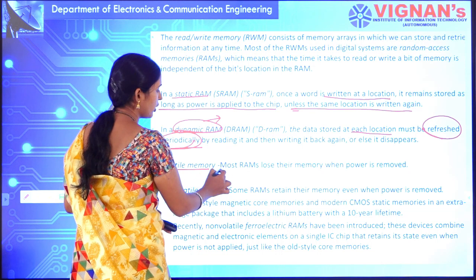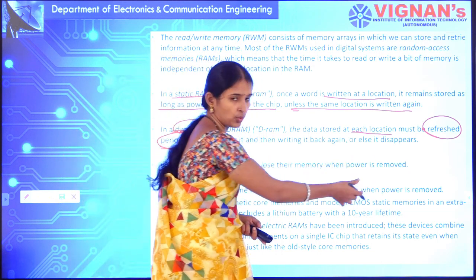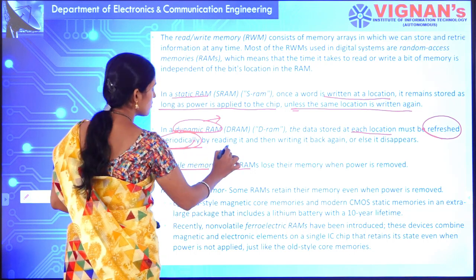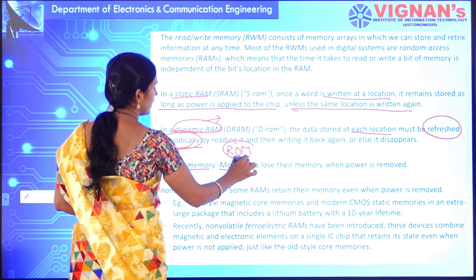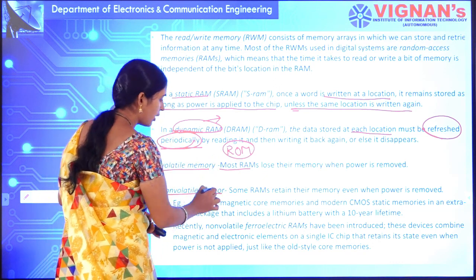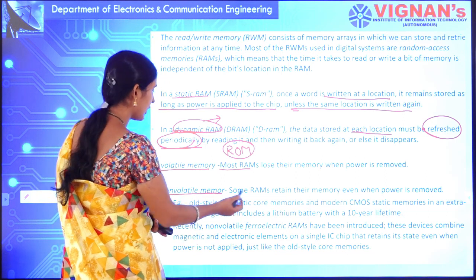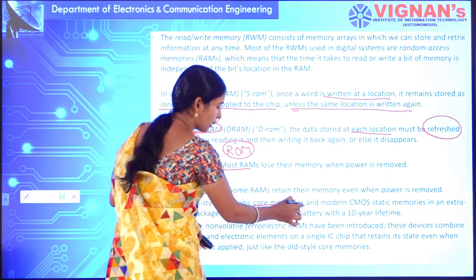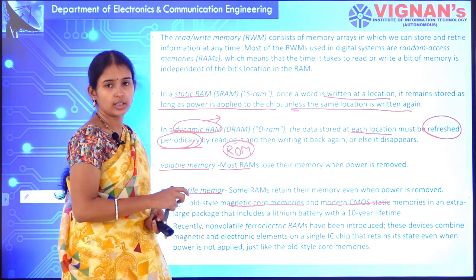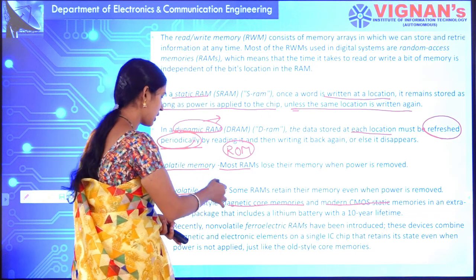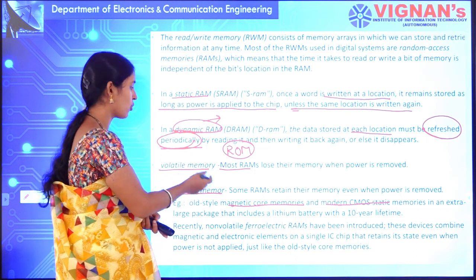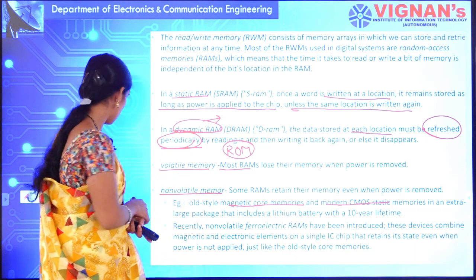Most RAMs lose their memory when power is removed; these are volatile memory. Whereas ROM is a non-volatile memory. It helps to store the data as long as power is there. Non-volatile memory, like old style magnetic core memories or modern static memories, will be holding their data. But now most of the RAMs are volatile memories.